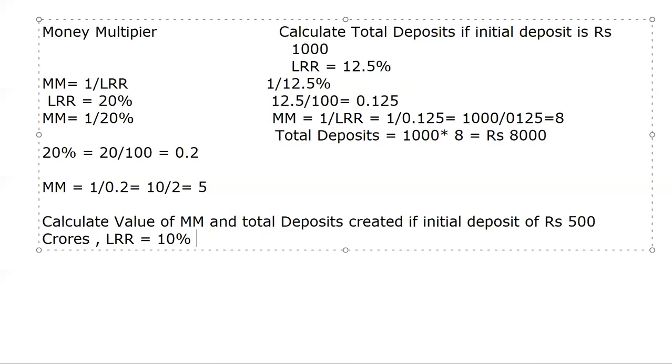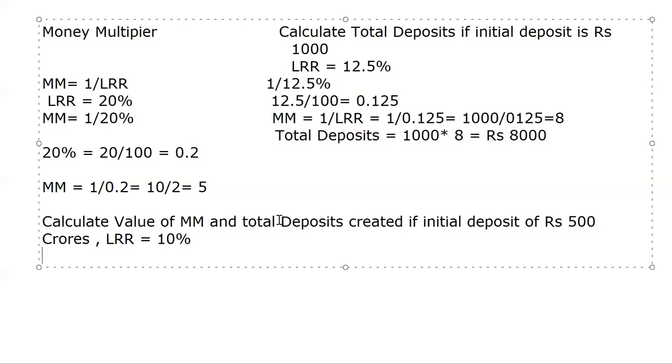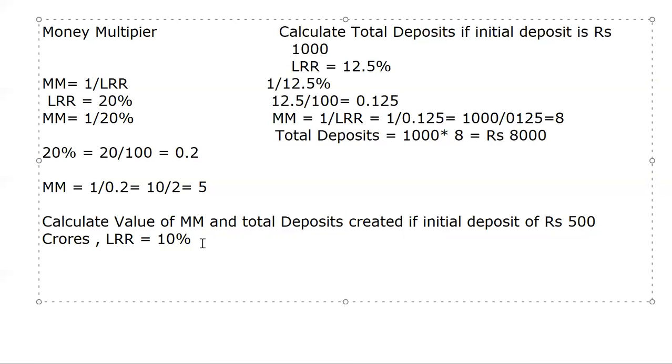So first of all you will find out the value of MM, because we have to find out the total deposits also. So first of all, find out the value of MM. Again, it would be equal to 1 upon LRR. It means equal to 1 upon 10%.